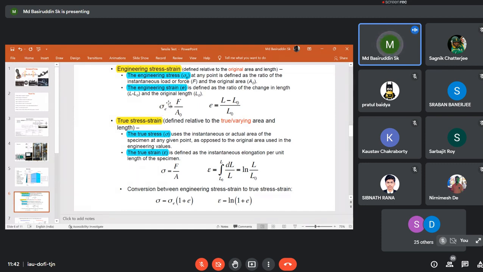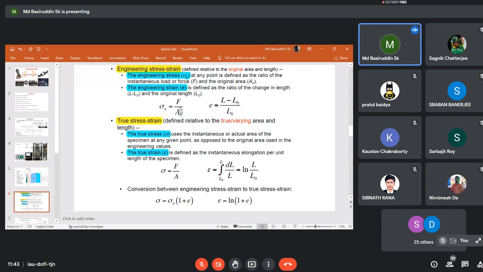Here we have used sigma e, that is engineering stress, which equals the instantaneous load divided by the initial cross-sectional area, that is the gauge area. And the engineering strain, e, is the instantaneous gauge length minus the initial gauge length, divided by the initial gauge length.